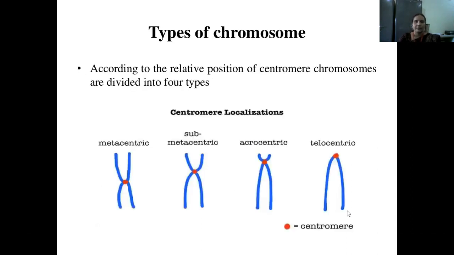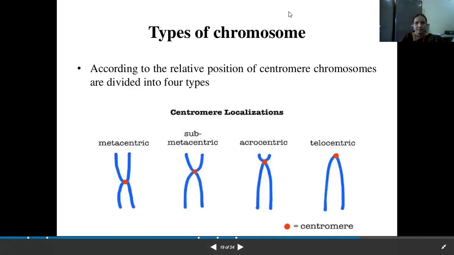So the types of chromosome we are going to see in the video. So just see the types of chromosome.